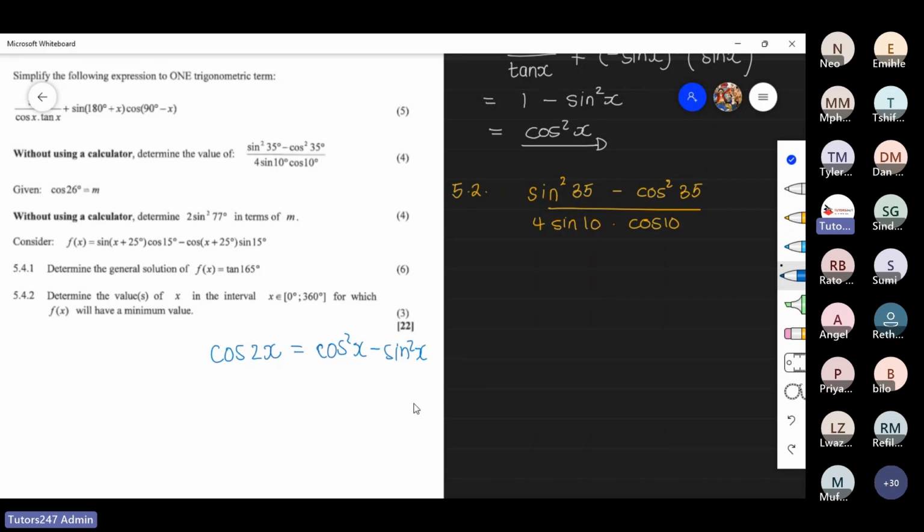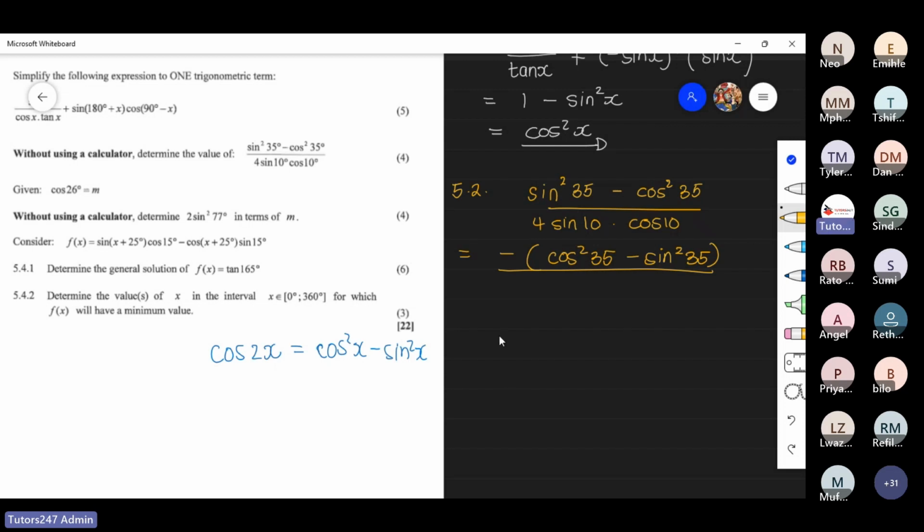We have cos as negative and sine as positive. So how do we get sine to become negative and cos to become positive? The easiest way is to just factor out a negative sign. So if we factor out a negative sign, cos will then become positive and sine will then become negative.